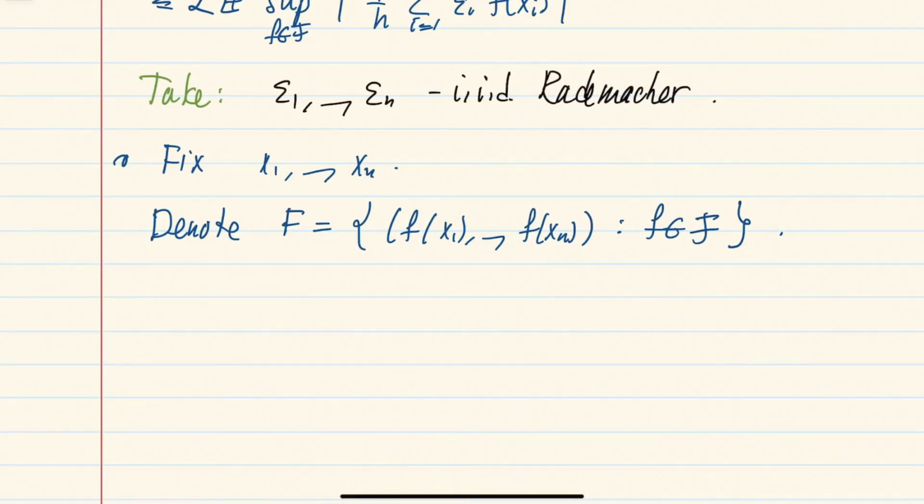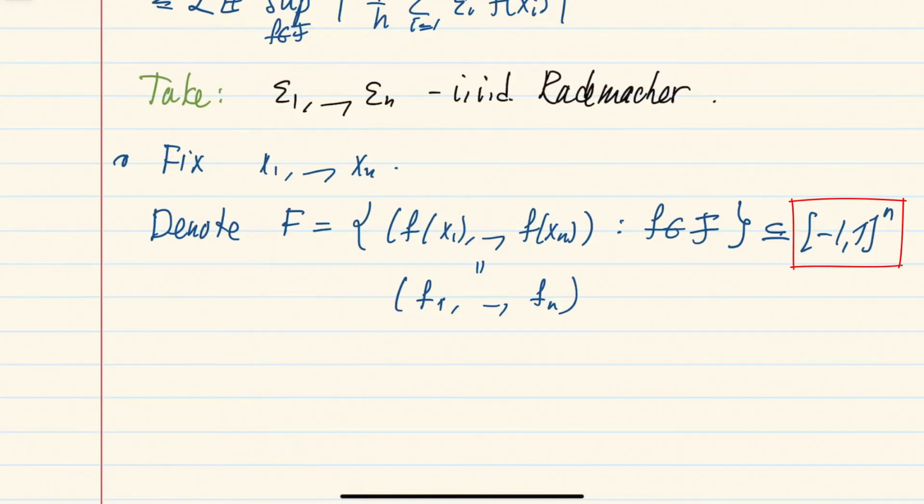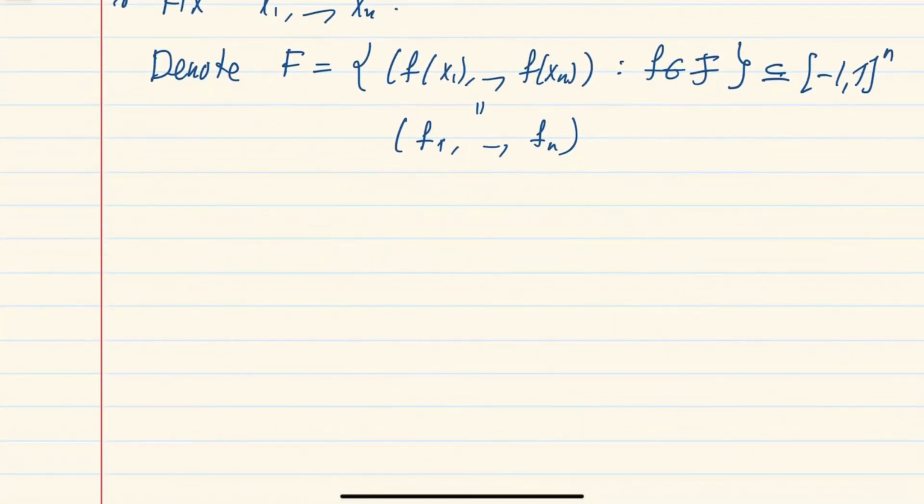Since x1, ..., xn will be fixed, in this part we will simply view the elements of this set F as vectors with coordinates f1, ..., fn. In the case of indicators, the coordinates will be between 0 and 1, but we'll assume that they are simply bounded, and for certainty we'll assume that they are bounded by 1. So this is a subset of a cube with sides -1 to 1 in R^n.